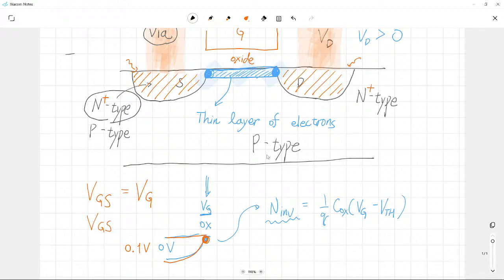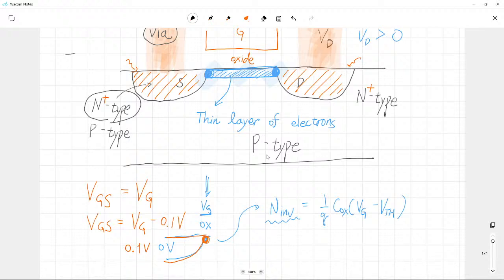But now, since the source is biased not to 0 volt but to 0.1 volt, we expect that VG minus 0.1 volt will be the VGS value.